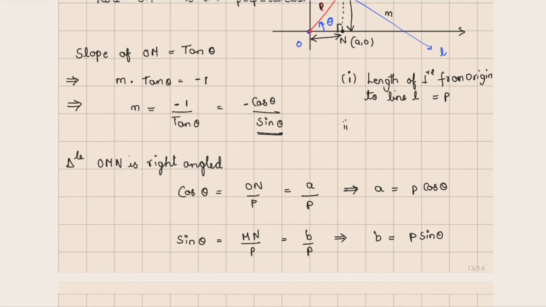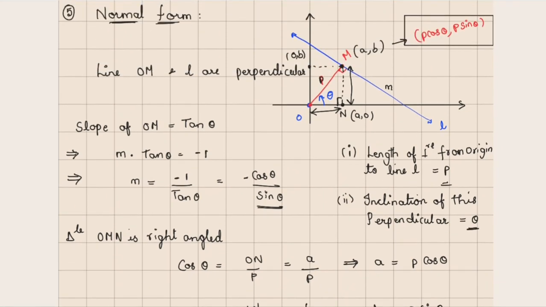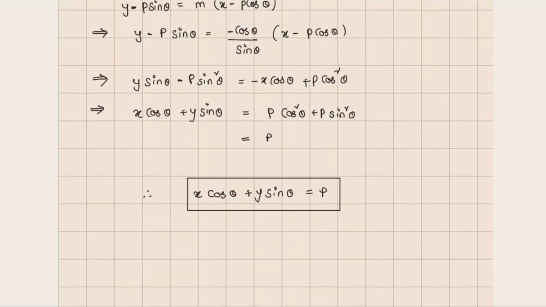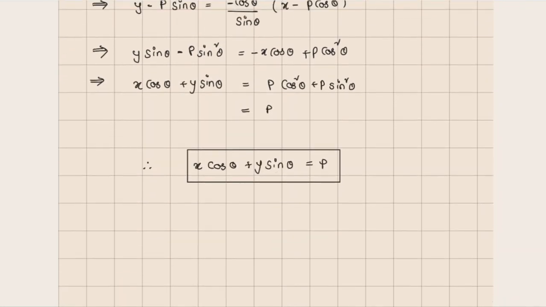The second thing is the inclination of this perpendicular, theta. So when the length of perpendicular from origin to the line, which is P, is known, and the inclination of that perpendicular, which is theta, is known, the equation, which is known as normal form, looks as x cos theta plus y sin theta equal to P.